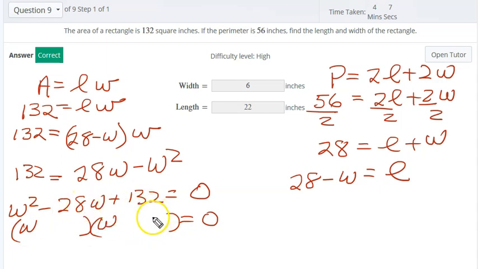And eventually the factors are 22 and 6. And since this is positive, these both have to be negative. So here W equals 22, W equals 6.